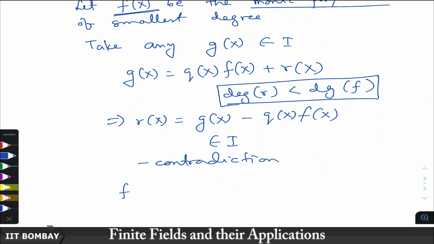So, if there are two monic polynomials f(x) and f'(x), f divides f' and f' divides f, and they are both monic, then clearly their quotient must be 1, which means f(x) equals f'(x).